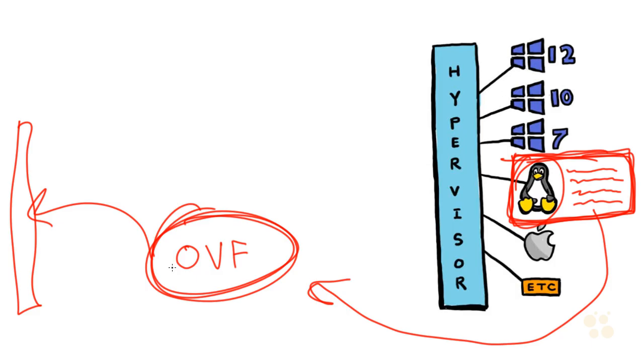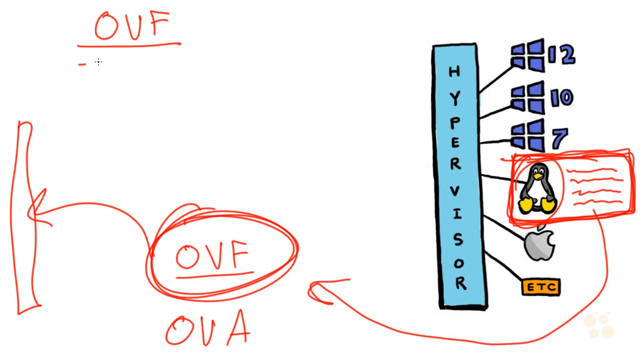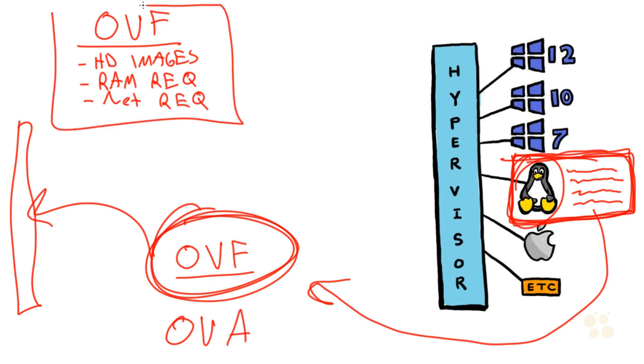One thing I want to mention, and this confused me for a while, is the difference between OVF and OVA, because they're referenced together all the time, and in fact sometimes used interchangeably, but that's not exactly right. OVF is the Open Virtualization Format, and this includes a bunch of files like hard drive images, RAM requirements, network requirements, etc. OVA is simply this group of files tarred and then renamed OVA.